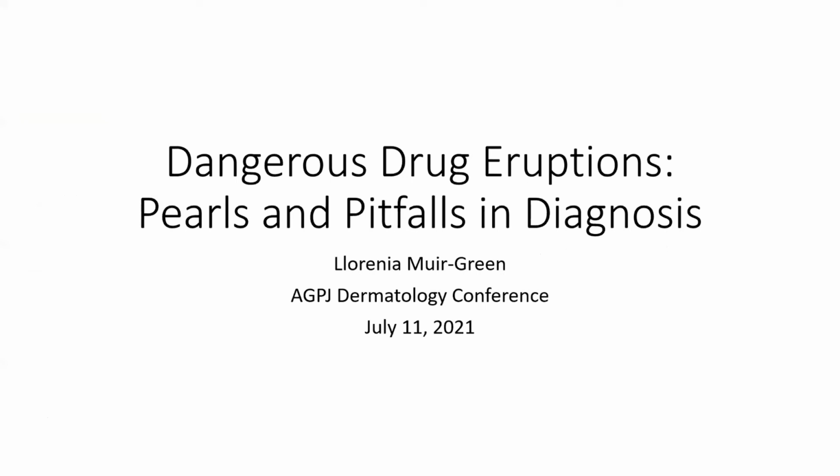So today I'm going to be discussing dangerous drug eruptions, pearls, and pitfalls in diagnosis. This is a very broad topic to do in 30 minutes, so I went over some of the most salient points for persons to remember.